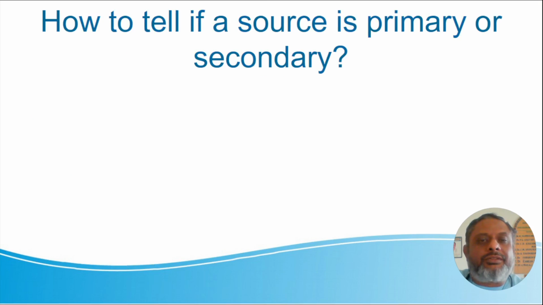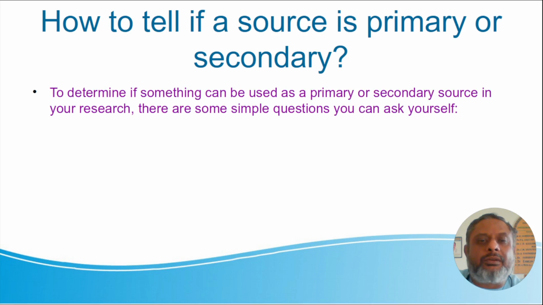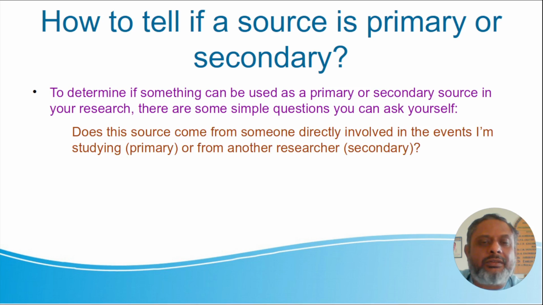Now the question is how to tell if the source is primary or secondary. To determine if something can be used as a primary or secondary source, there are simple questions you need to ask yourself. Does this source come from anyone directly involved in the events I am studying? Then it is primary. Or is another one doing it?